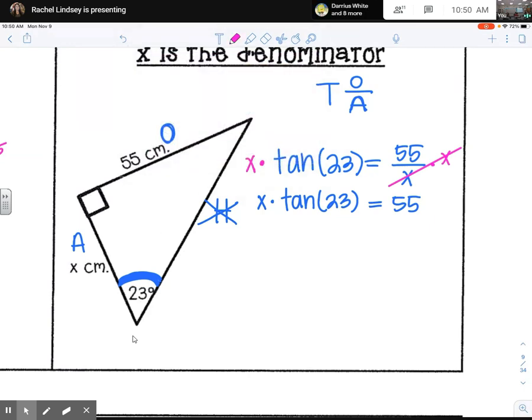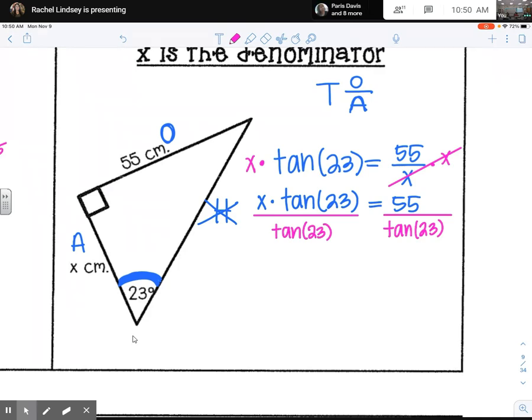Is x by itself yet? No, so what do I need to do to both sides? To undo multiplication, you divide. So tan 23 is one whole thing that's gonna move together. So tangent of 23, divide that on both sides. So that 23 sticks with that tangent. You never separate them.